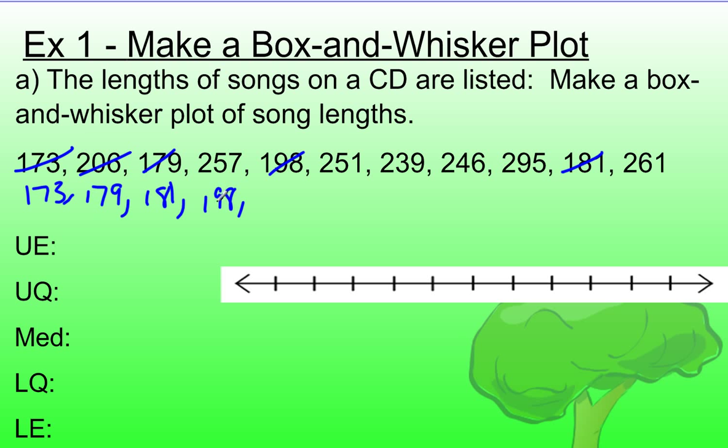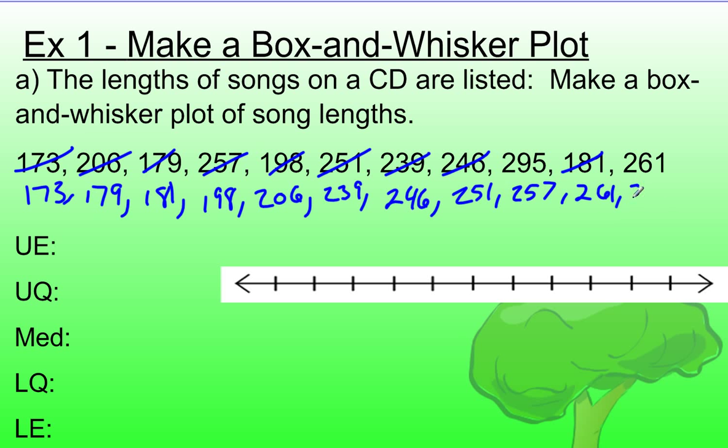We've got a 206, 239, 246, 251, 257, and last two, 261 and 295. Alright, so we have our list of numbers in order from the least to the greatest.